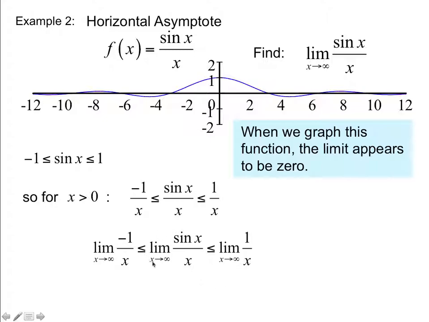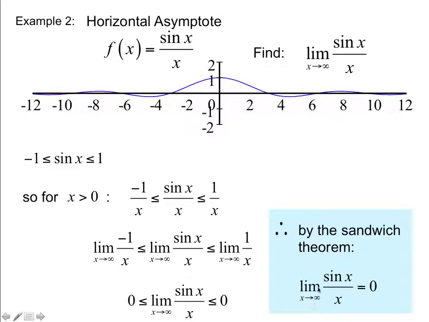So what we're saying is, since this is always going to be in the middle, then if the littler expression goes to 0 and the bigger expression goes to 0, then the expression in the middle has to go to 0. So by the sandwich theorem, we know that the limit of sine of x over x as x goes to infinity is 0. So we're going to use that as one of our useful limits. So at this point in section 2, we have two useful limits involving sine of x over x that we can use as we evaluate other limit questions.